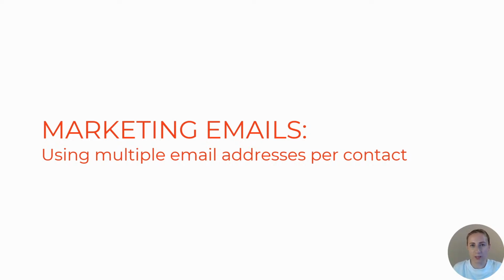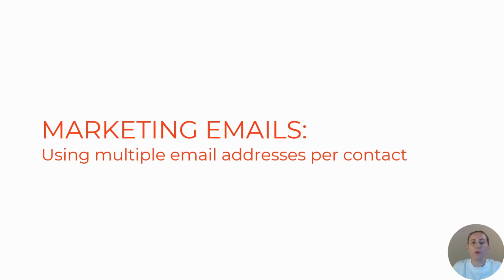As you probably know, and this Tech Hour session implies that you have basic knowledge of marketing functionality, in marketing Creatio the way we send emails is we send one email to a contact.